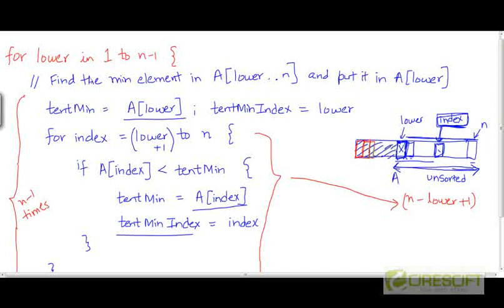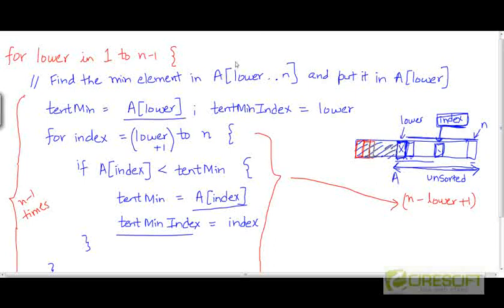So even if the array had been sorted at the very beginning, we will still go through this exercise of determining the minimum element in the unsorted portion, placing that minimum element at the beginning of the unsorted portion, extending the sorted portion by one element, and repeating this n minus 1 times. So this is going to be done irrespective of whether the array was sorted initially, whether it was reverse sorted, whether it was partially sorted, it doesn't matter.